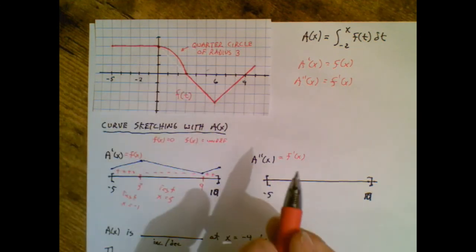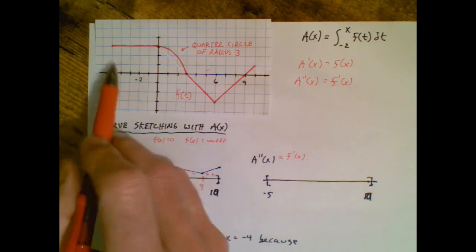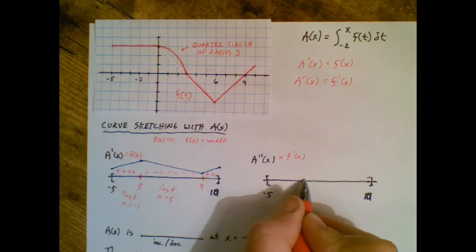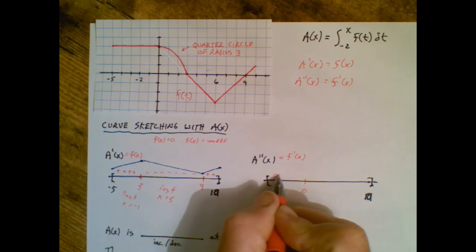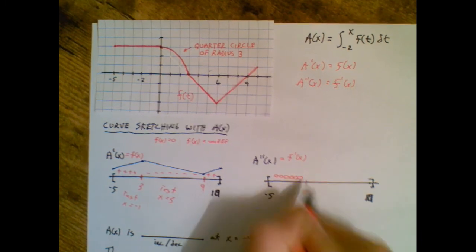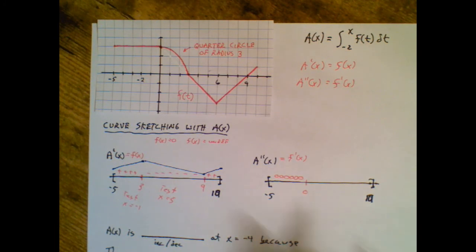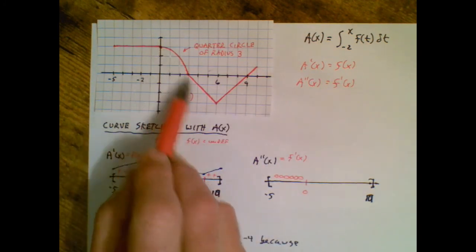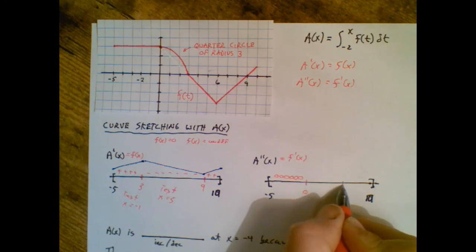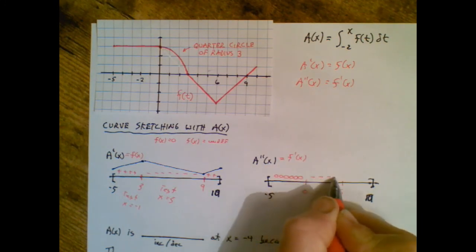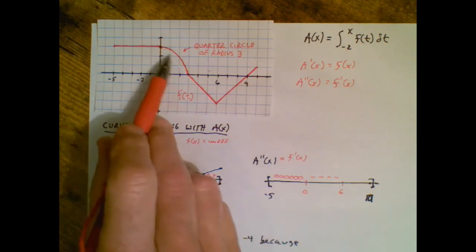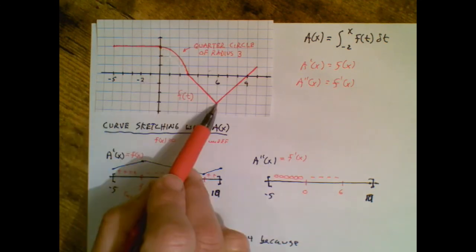So we have some weird stuff happening. From -5 to 0, my slope is 0. So that's never happened to us before, so I'm just going to put zeros in there. From x equals 0 all the way to x equals 6, A double prime, which is the slope of function f, is negative.